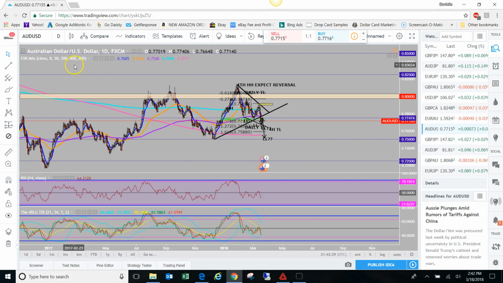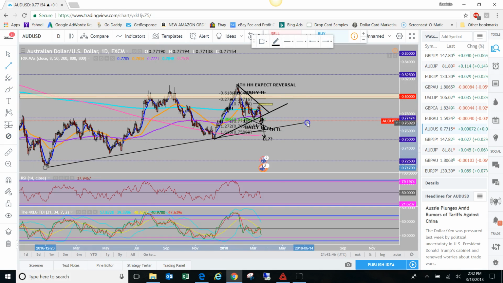All right, so I like to start on the daily chart, and what I do is I like to restrict the market from the top. So you can see I have a trend line right there, and I like to restrict the market from the bottom. That can also be a trend line, on the daily.